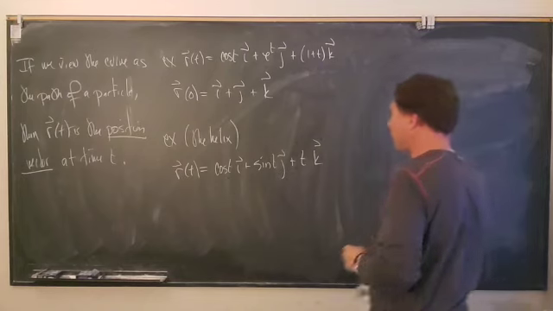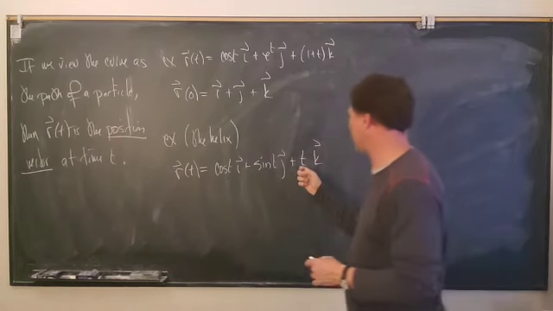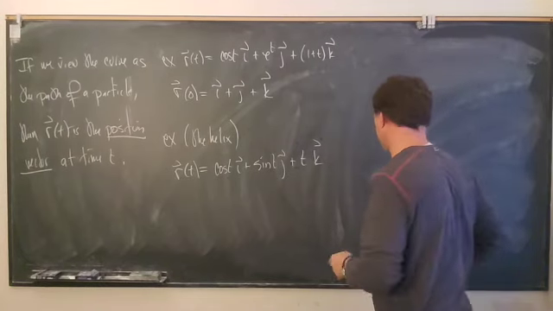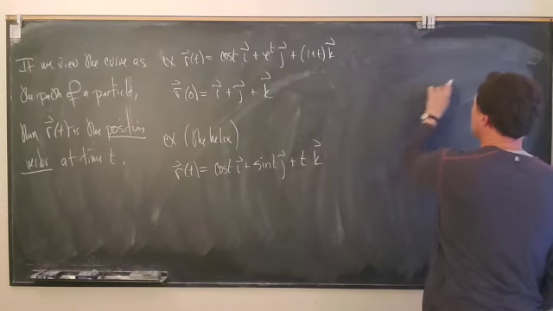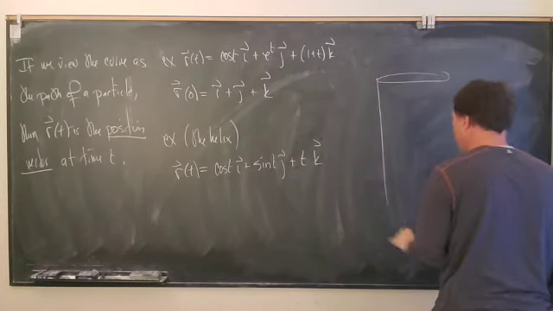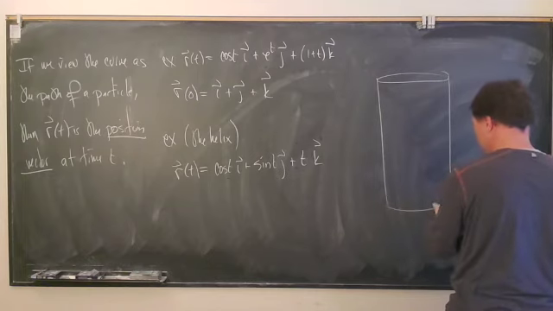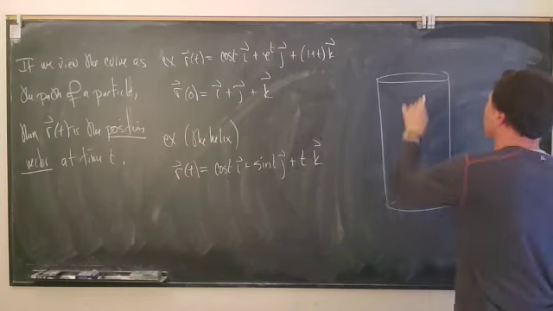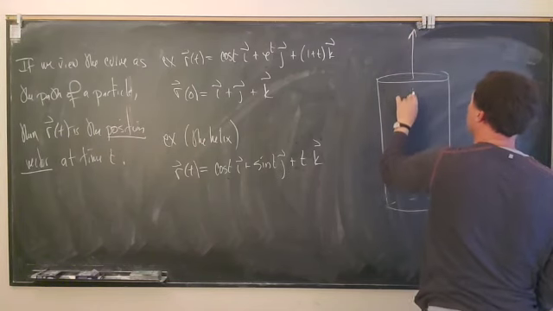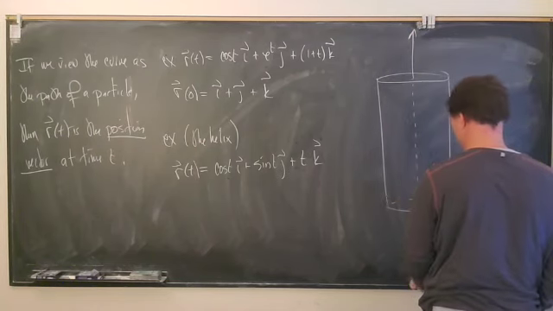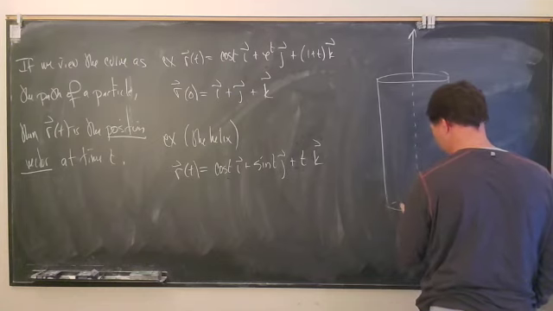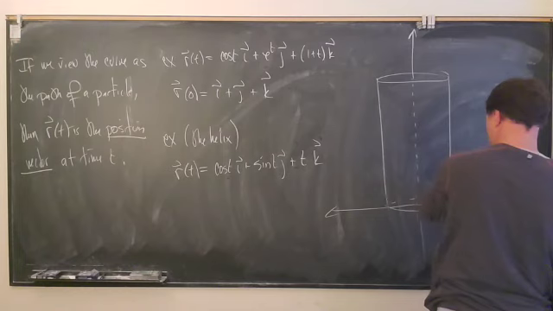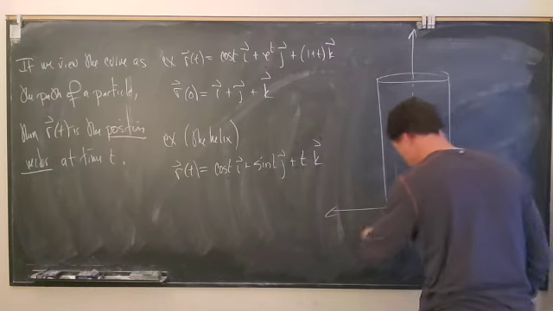Now notice, if we throw in the third component, the t part, that tells us that it's going to be going up in the z direction. And so the helix lies on a cylinder of radius 1. Let's put the axes: there's my y-axis right there, the x-axis coming out of the board.